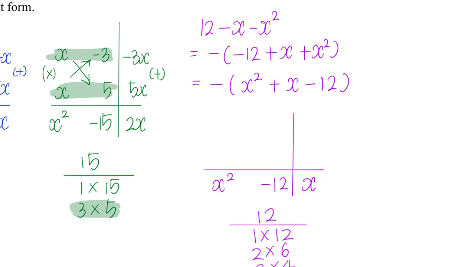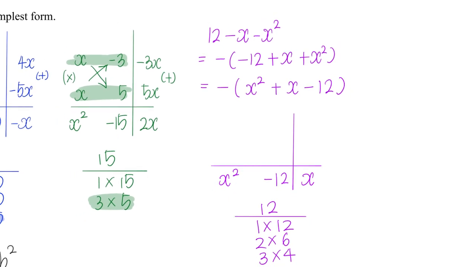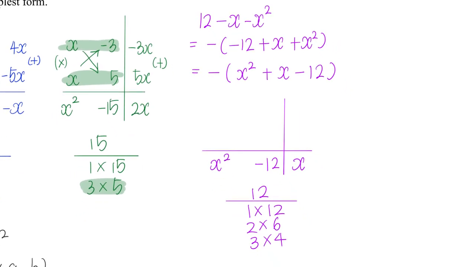And that's where you will see this as well. From here, when I factorize, I will have x times x to give me my x squared, and for 12, which pair can give me 1? Yep, 3 times 4.